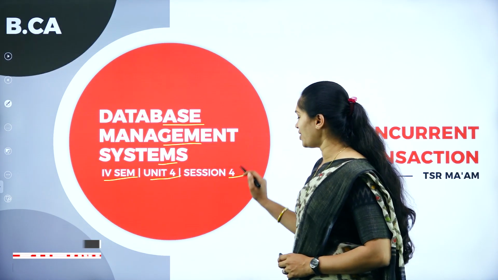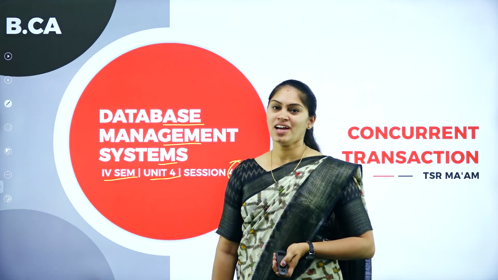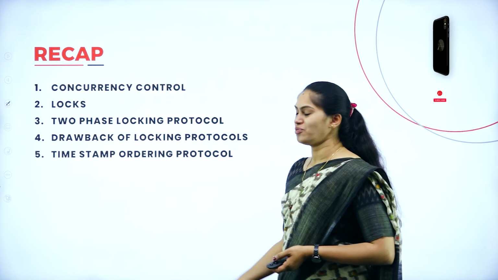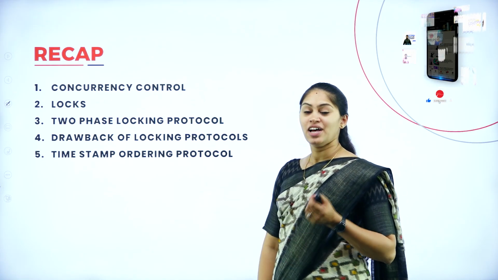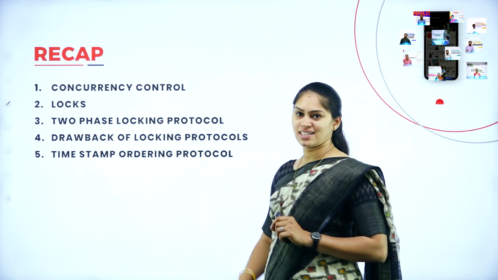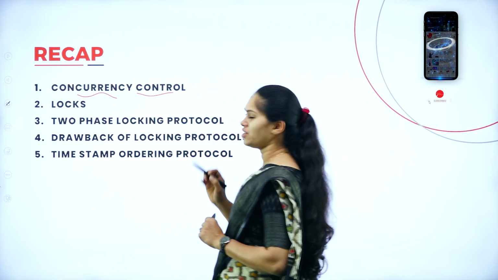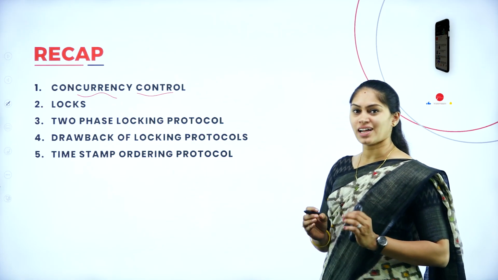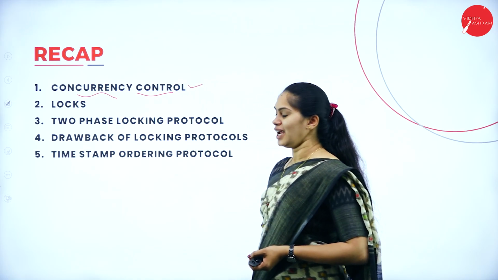So before getting into today's session about deadlocks in concurrent transactions, we're going to have a quick recap of my previous session. As we discussed in the last session of this unit, we learned about concurrency control. For managing the concurrent execution of transactions, we require control over that concurrent execution.